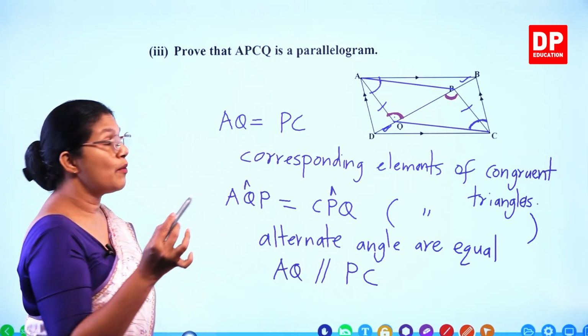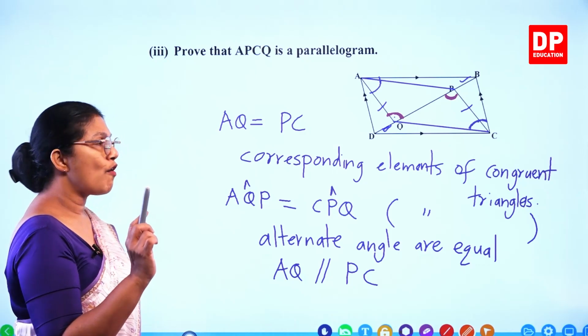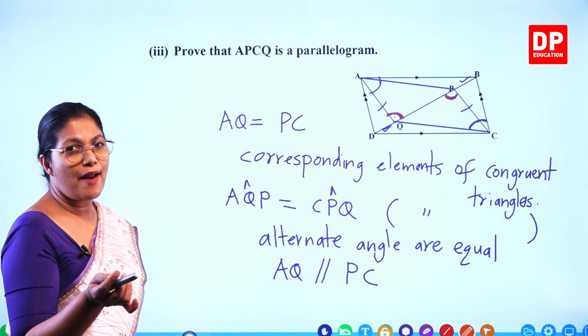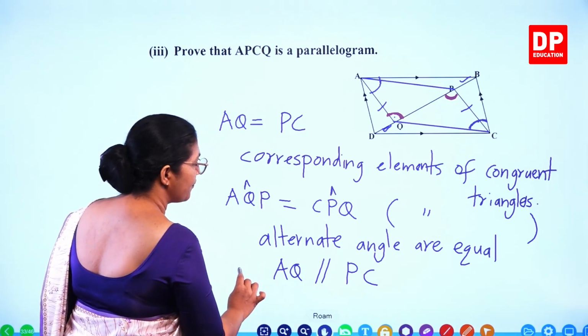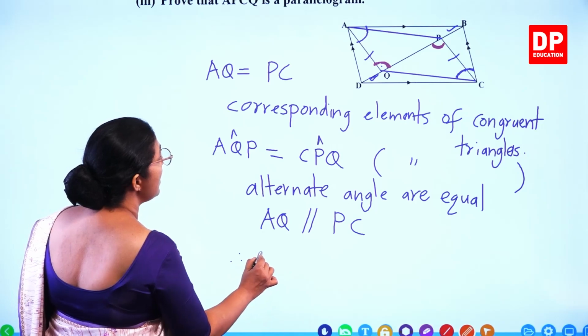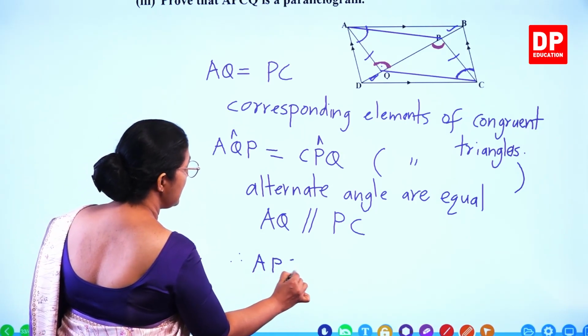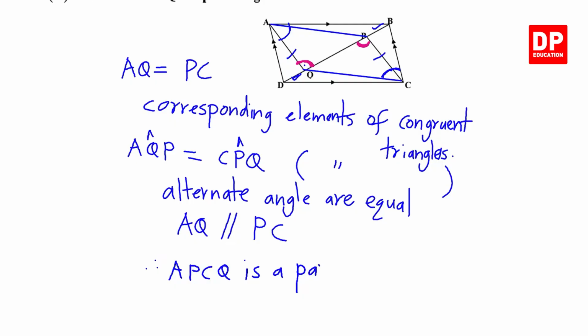Now we know AQ equals PC, and AQ is parallel to PC. One pair of opposite sides equal and parallel. You can say this is a parallelogram. So therefore, we can say APCQ is a parallelogram.